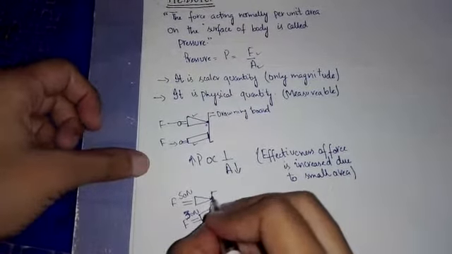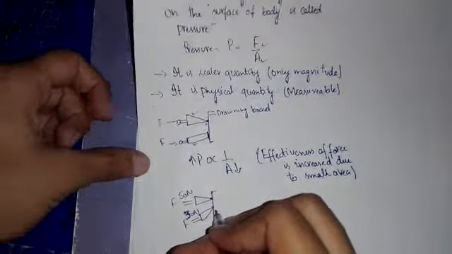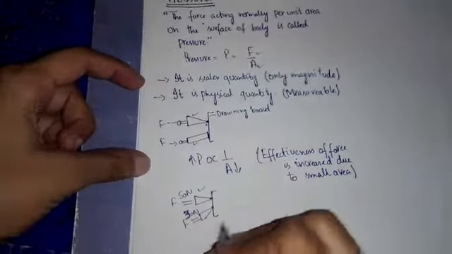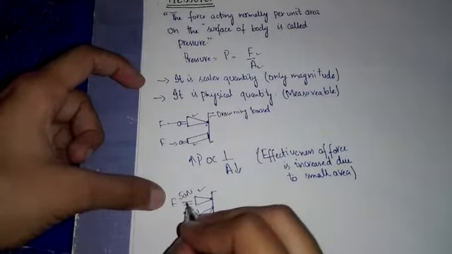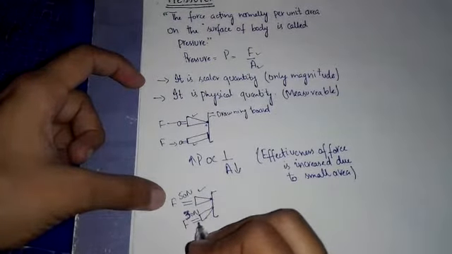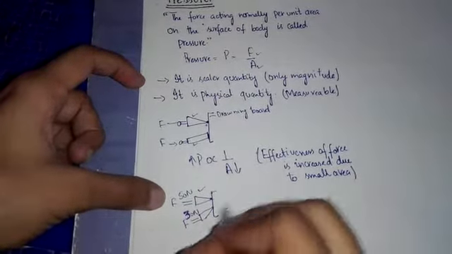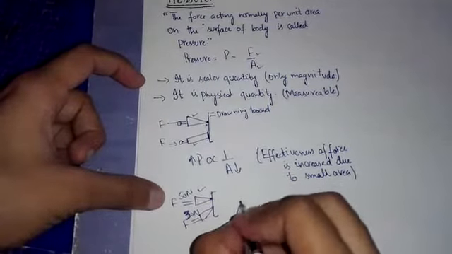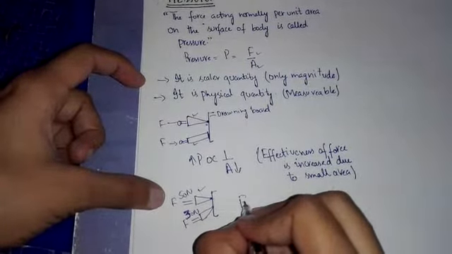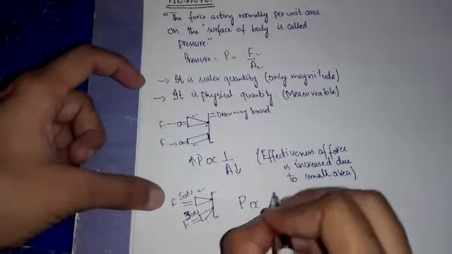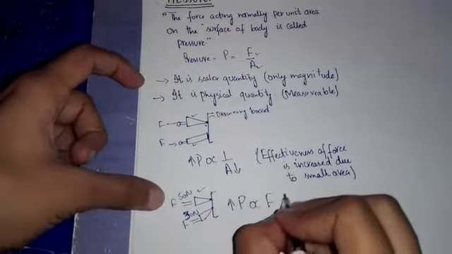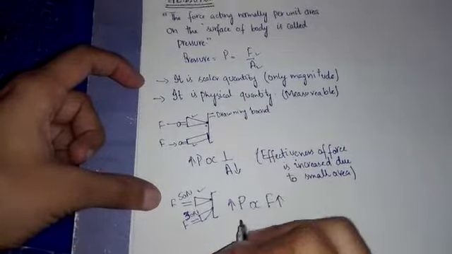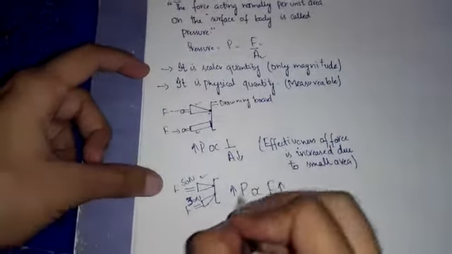So which pin will be inserted earlier? This pin will be inserted earlier because we are applying larger force on this pin as compared to the second one, because we know that pressure is also directly proportional to force. If we increase the force, then the pressure will be increased, right?